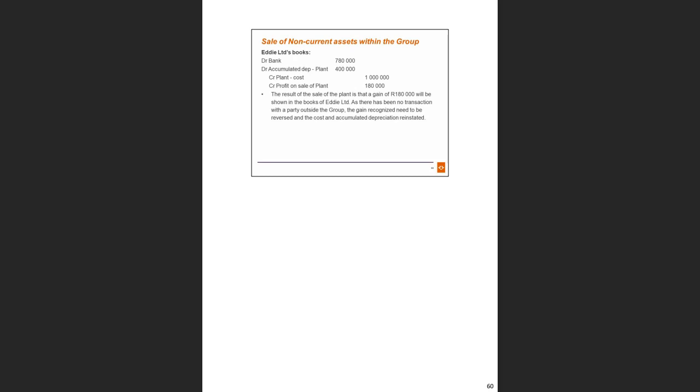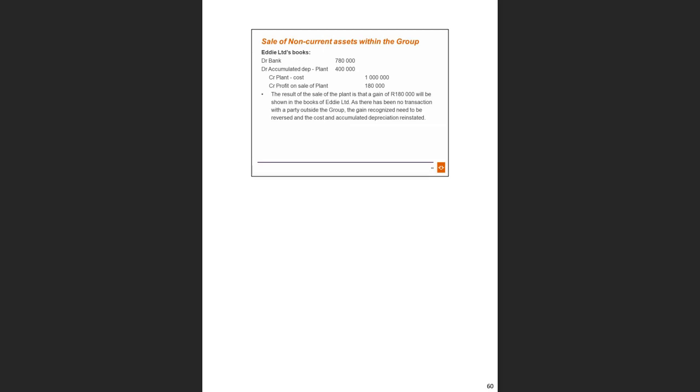Then it needs to reverse the accumulated depreciation. So they told us in the scenario that the accumulated depreciation was 400,000 Rand, and this represented 4 years of depreciation. So Eddie would have gone debit depreciation, credit accumulated depreciation for 4 years.